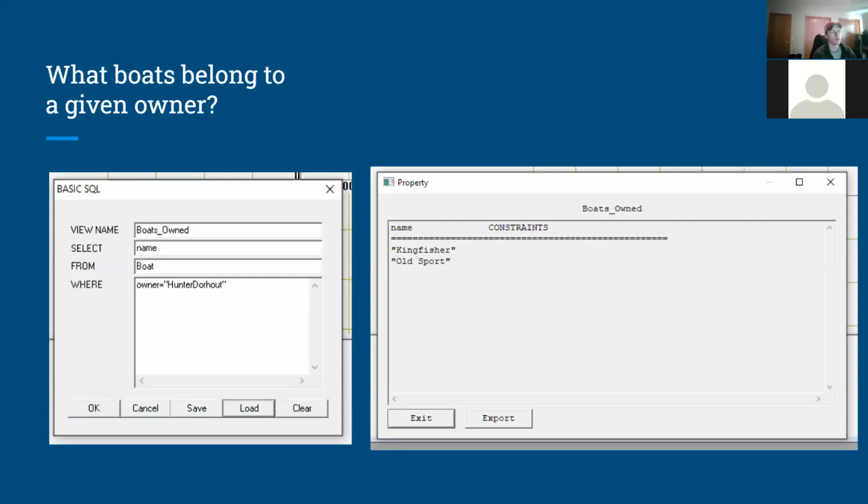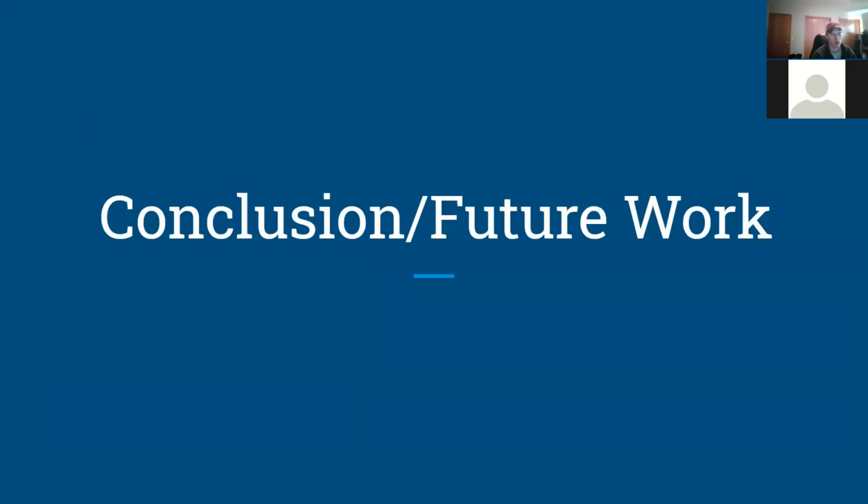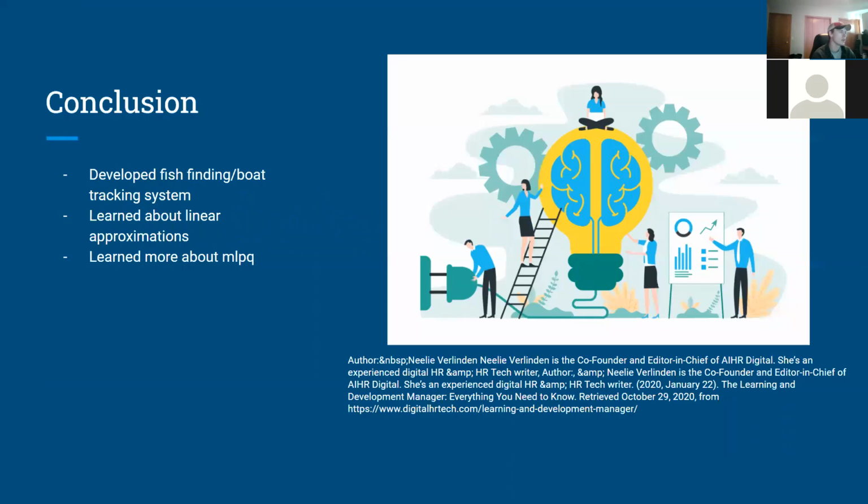These are just a couple of the functionalities that Boatmap Pro offers, but definitely not limited to these analyses. We'll go ahead and talk a little bit about our conclusions and some possible future work. In conclusion, we were successful in developing a fish finding and boat tracking system, i.e. Boatmap Pro.